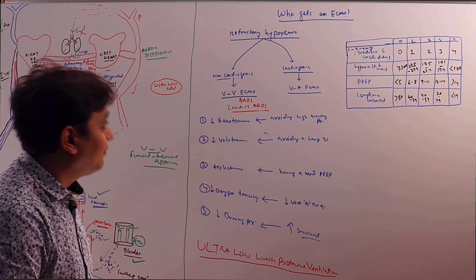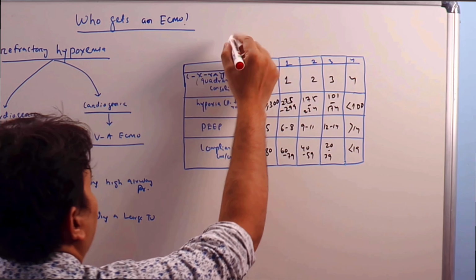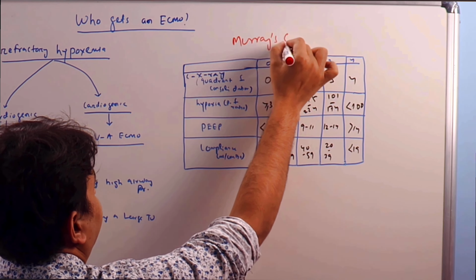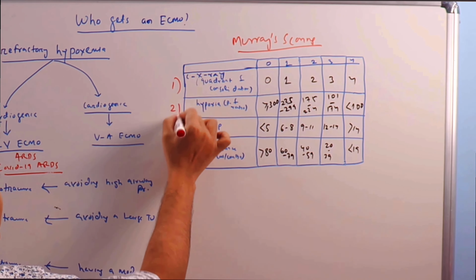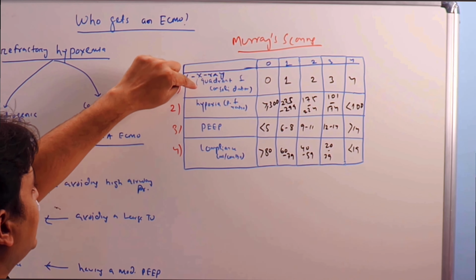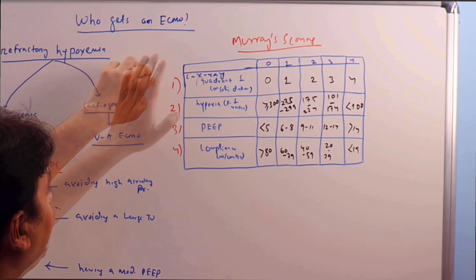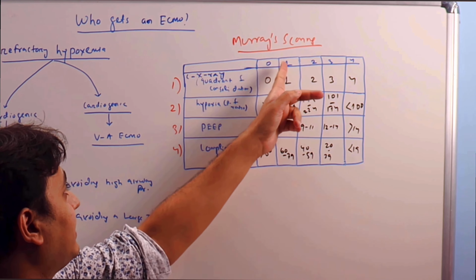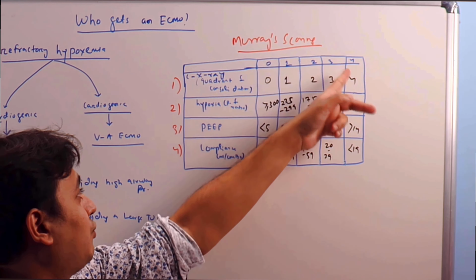So how to select patients for ECMO? This is the very popular Murray scoring system. It has 4 components. Chest X-ray quadrants with consolidation is number 1. Depending upon the number of quadrants involved, the point will be given either 0, 1, 2, 3 or 4.